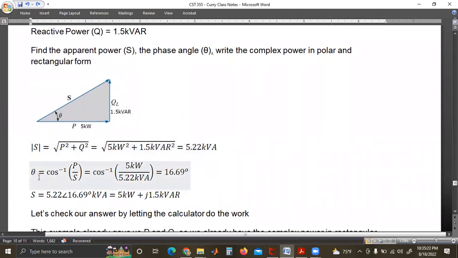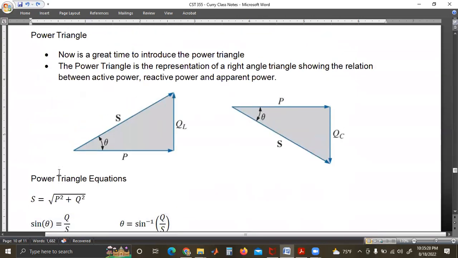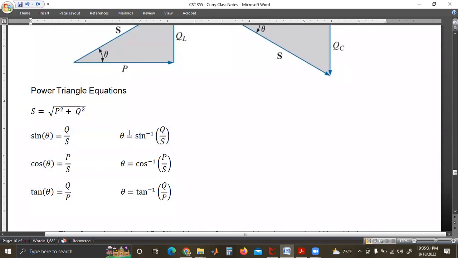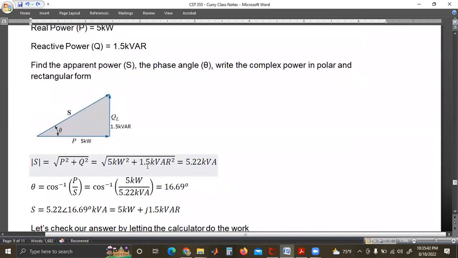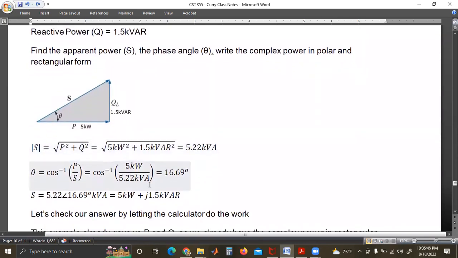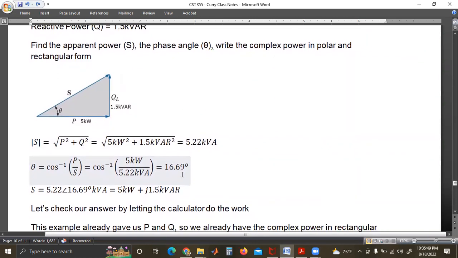Now from there, you can find your phase angle. You could have used any one of these formulas up here on this right side to calculate the phase angle. I just chose to use this one that has the inverse cosine. Once you plug into the formula, you get 16.69 degrees.